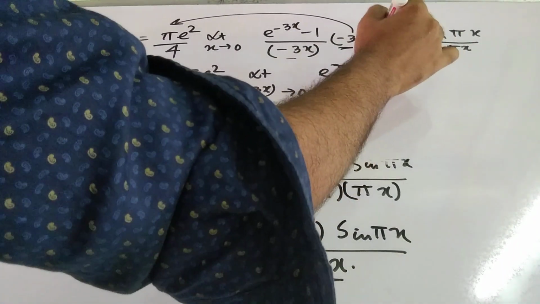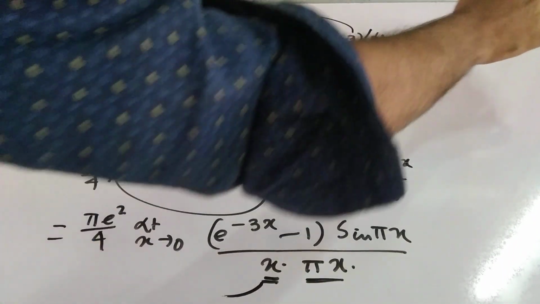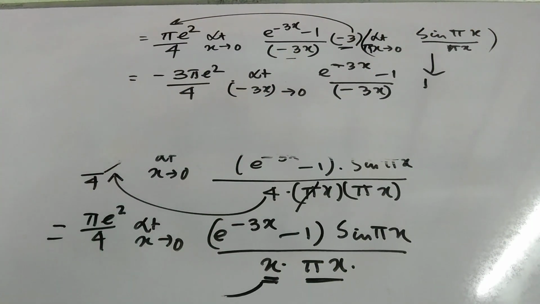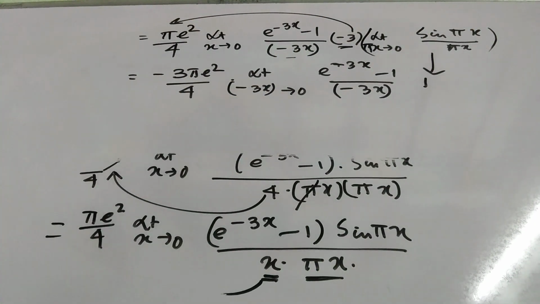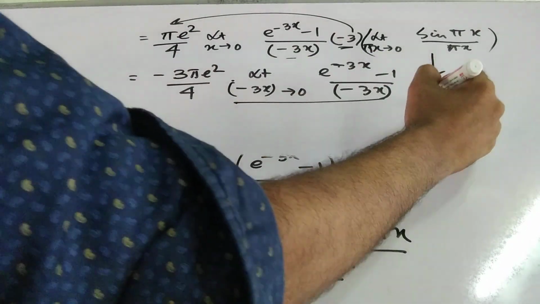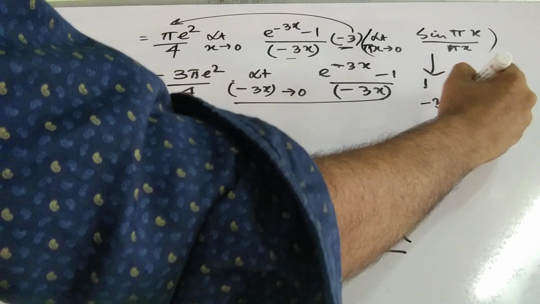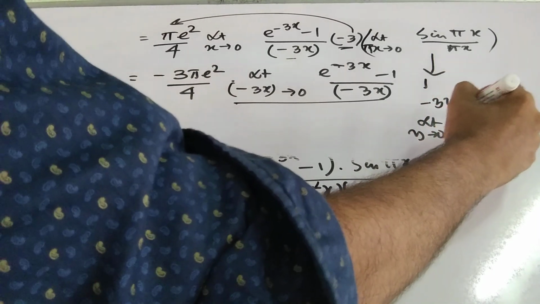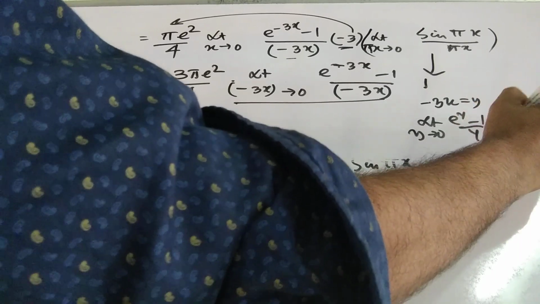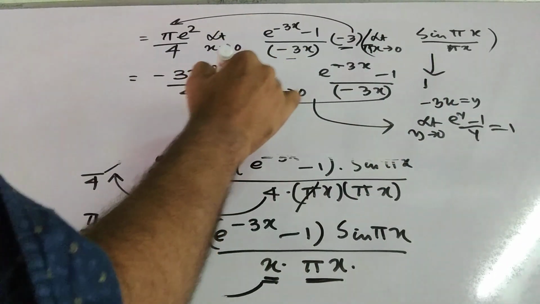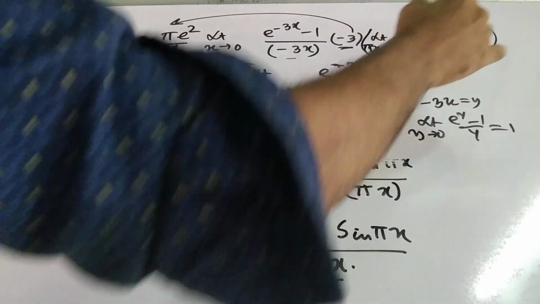So limit pi x tends to 0 sine pi x by pi x will also be 1. This is a basic formula of limit. And this formula signifies, if I substitute minus 3x as y, then it is simply limit y tends to 0 e to the power y minus 1 by y, that is 1. So this expression is also getting evaluated as 1.